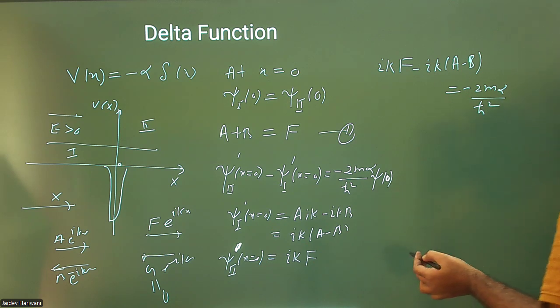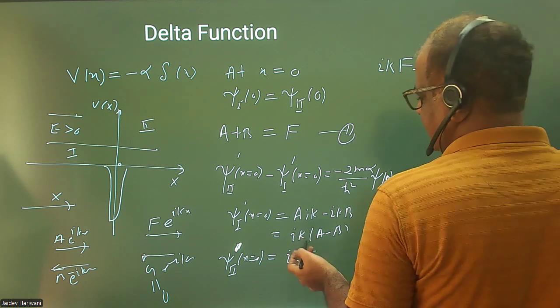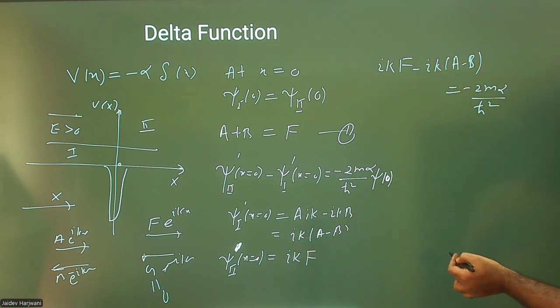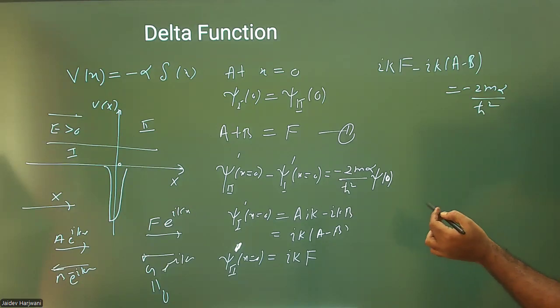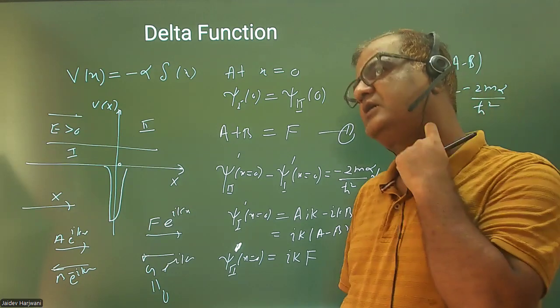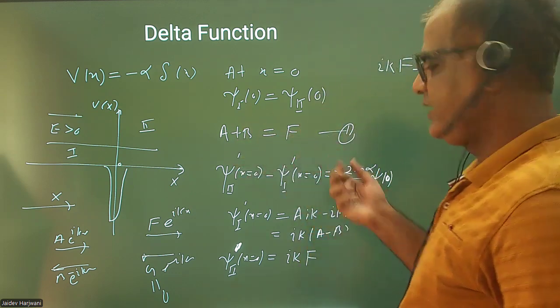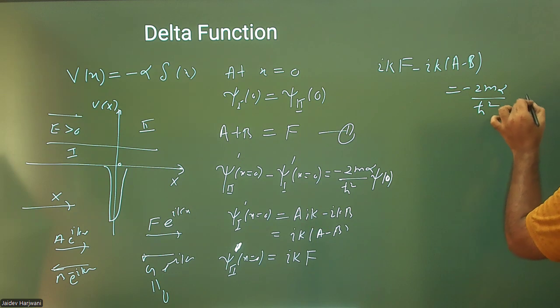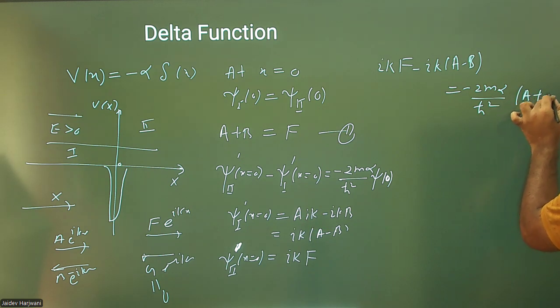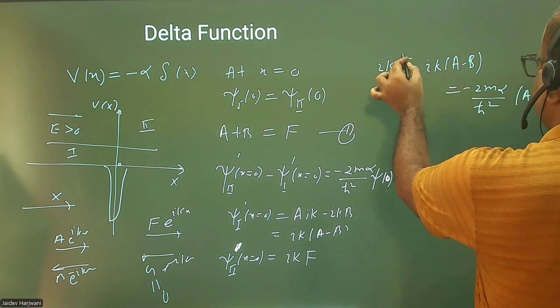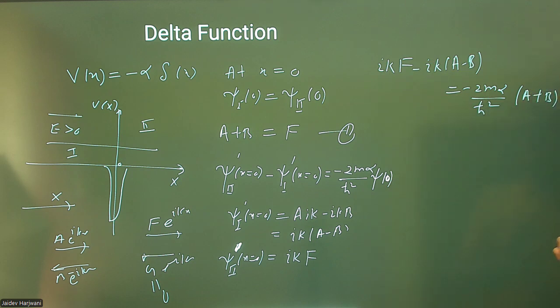Psi 0 is a plus b, or f. Psi 0 is a e power iota kx plus b e power minus iota kx; put x equal to 0, so it becomes a plus b, which is again equal to f. So here I'm writing a plus b, or you can write f also, but I want to remove one constant here.